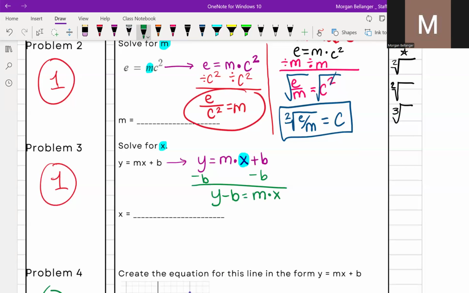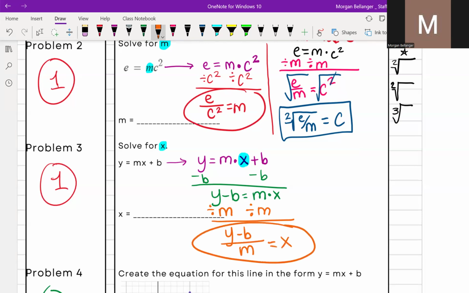And then I would just do the opposite of multiplication, which would be dividing both sides by m. So x in its final form is y minus b all over m. And that is it for station 1.